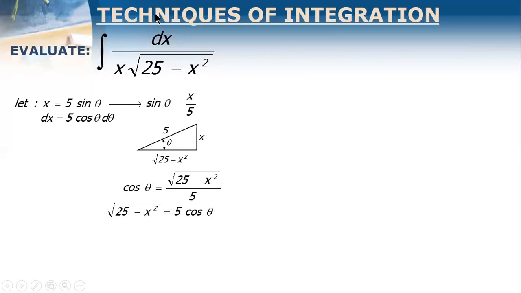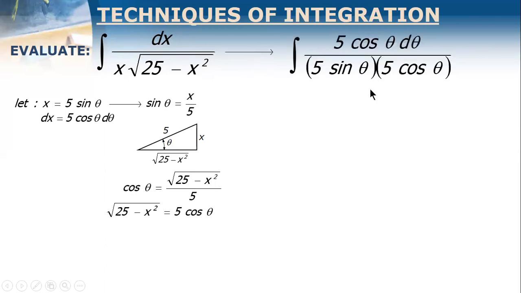And then let's substitute dx replaced by 5 cosine theta d theta, x replaced by 5 sine theta, and square root of 25 minus x squared replaced by 5 cosine theta. This is the result. Okay. So 5 cosine theta will be cancelled.